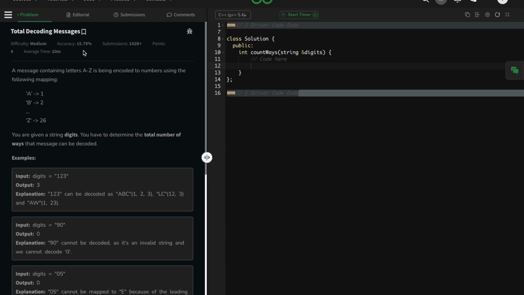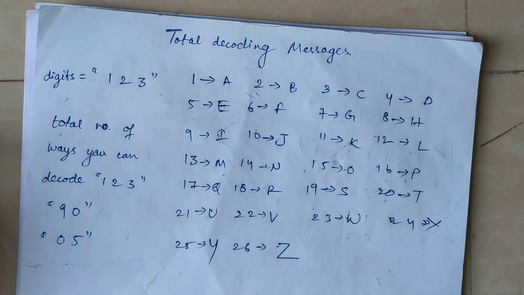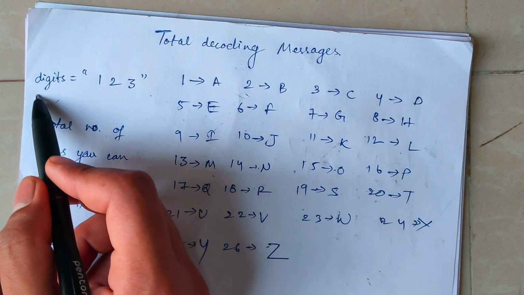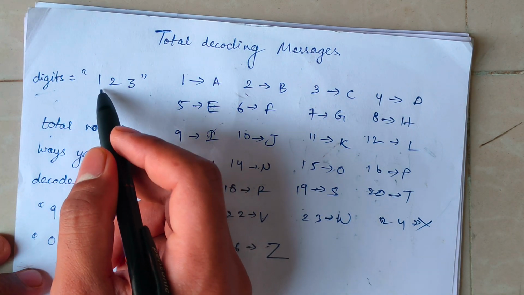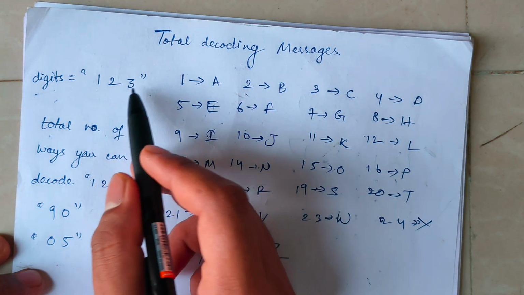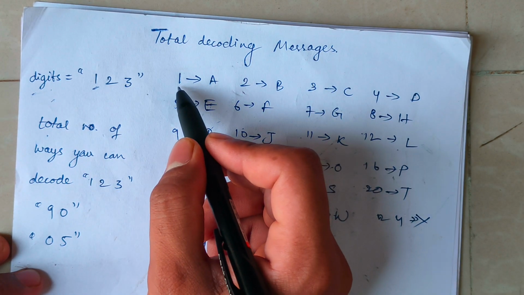So let's understand the problem. We are given digits, which is a string with digits like 1, 2, and 3, and every digit is mapped to an alphabet.